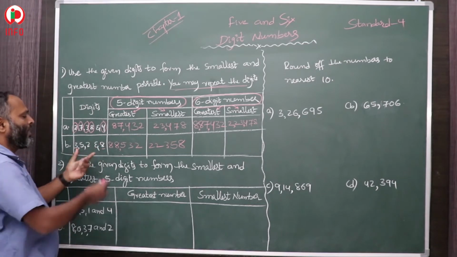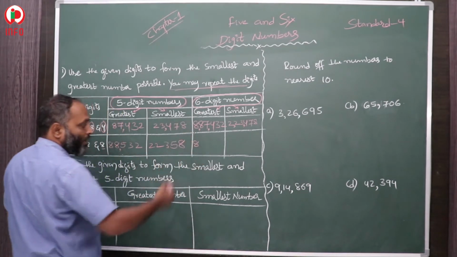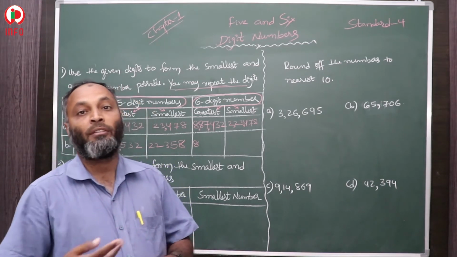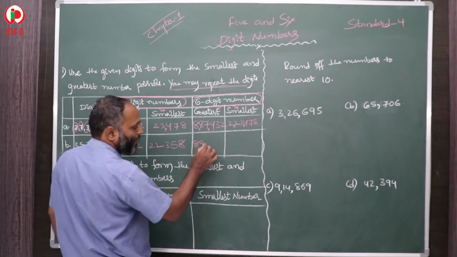First we have to take the greater number, that is 8. Here we need 2 more digits, so that is why the greater number we have to repeat 2 more times, that is we have to take 8 two more times.